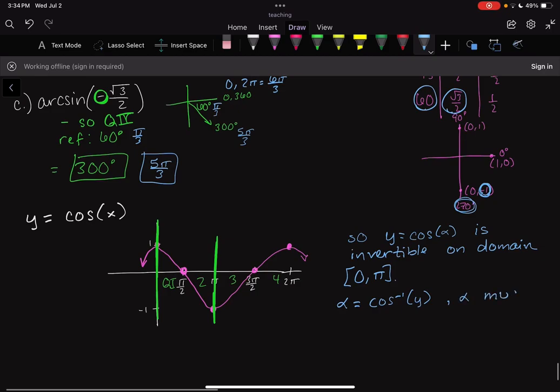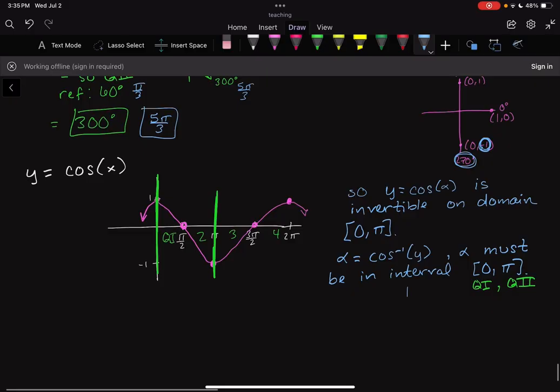Alpha must be in the interval 0 to pi, which is going to mean that we're looking at quadrant 1 and quadrant 2 here. If it helps to look at it this way, we're basically looking at the top. And we are including 0 and pi.